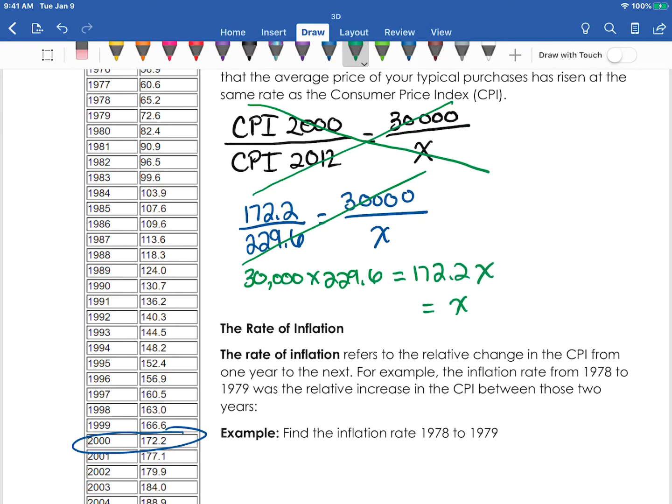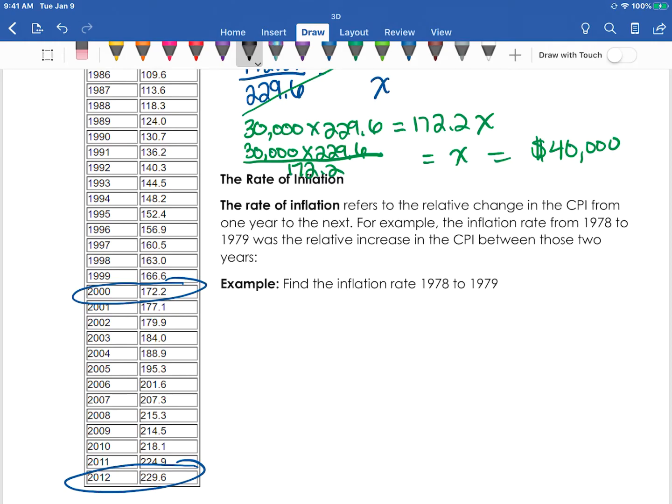So to find x, we're going to divide both sides by 172.2. So x is going to be 30,000 times 229.6 divided by 172.2. And when you do that, you're going to get $40,000. So that means in 2012, if you maintain that same standard of living as you did in year 2000, you're going to need $10,000 more. You're going to need $40,000 rather than $30,000.